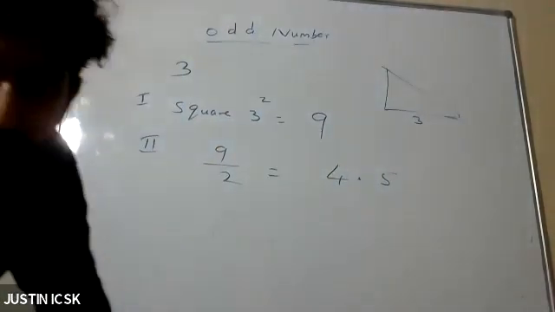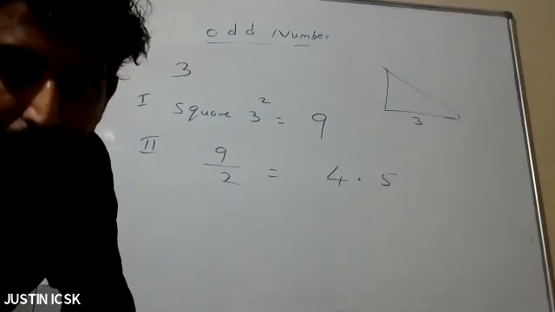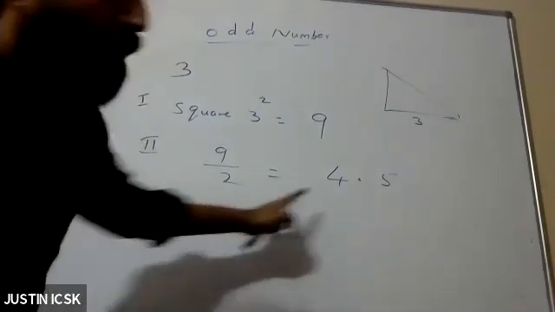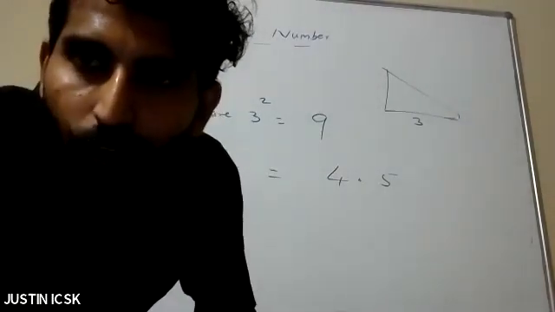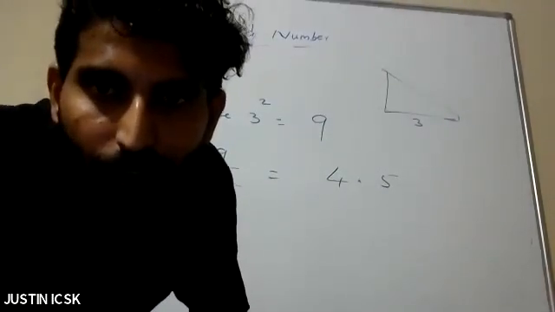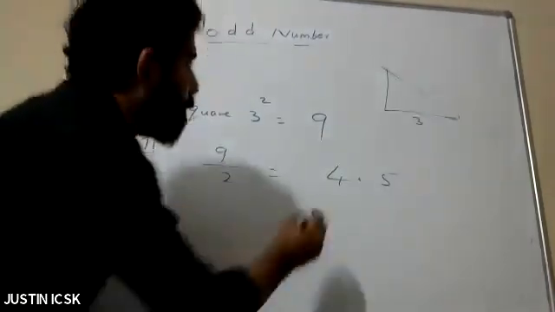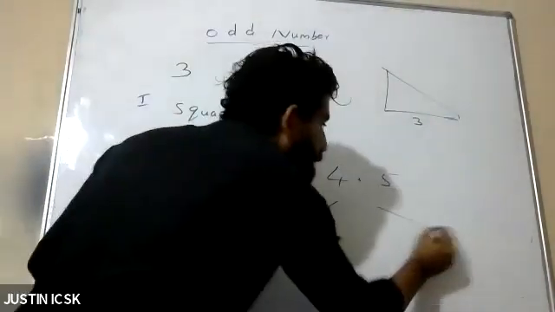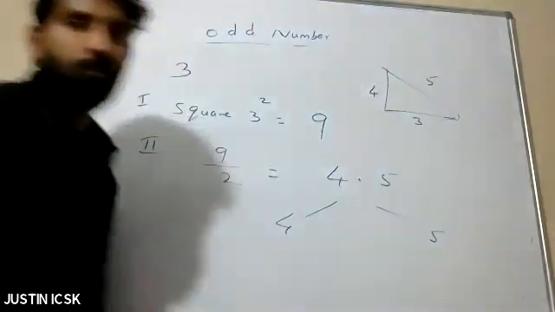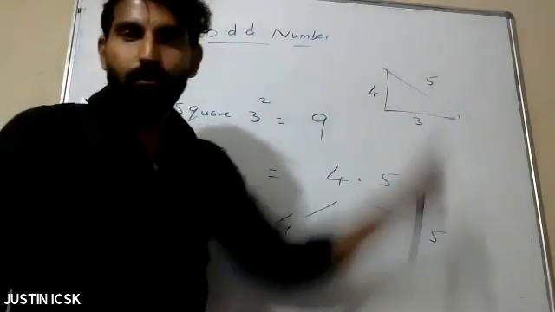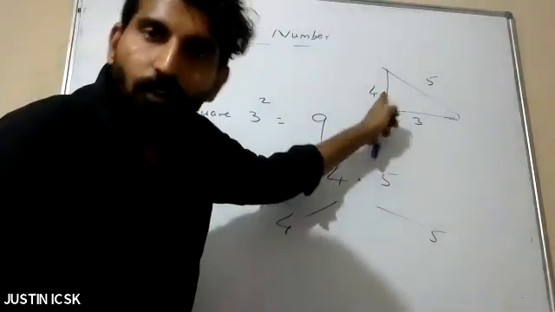And you know that 4.5 lies between 4 and 5. One side is 4, other side is 5. So that is enough. Just write 4 and 5 here. So 3 square plus 4 square will get 5 square.